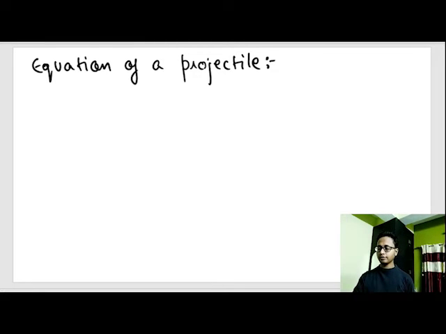So what happens in equation of a projectile is, there is a projectile motion. The velocity u was thrown with angle theta.